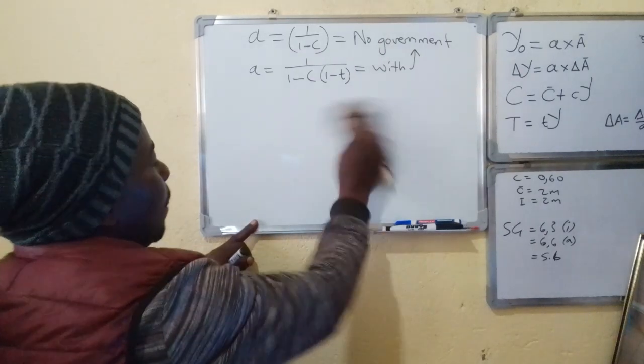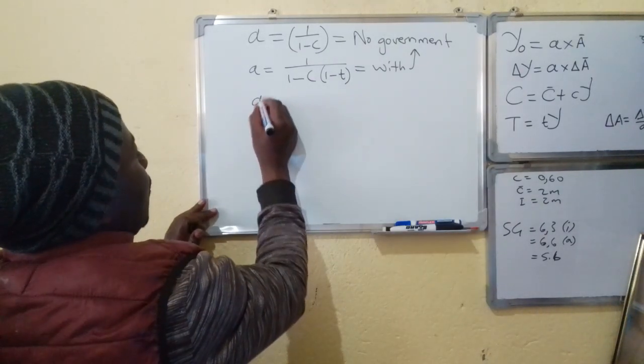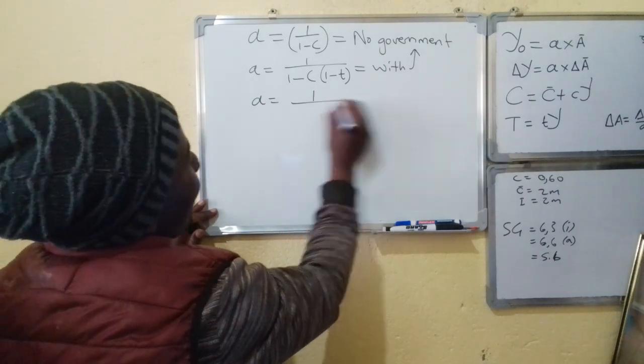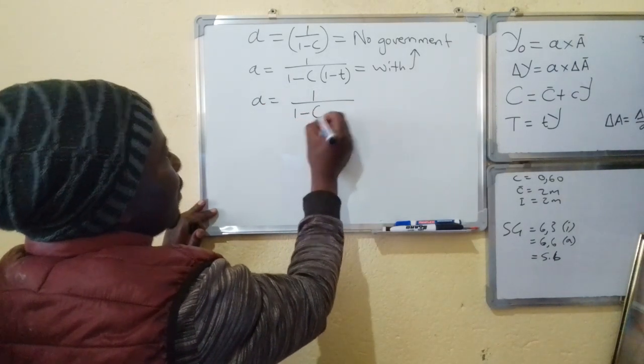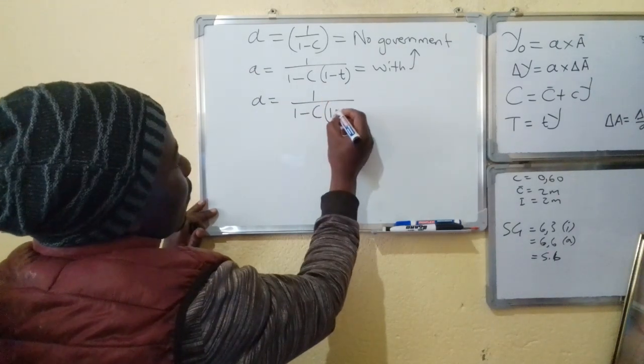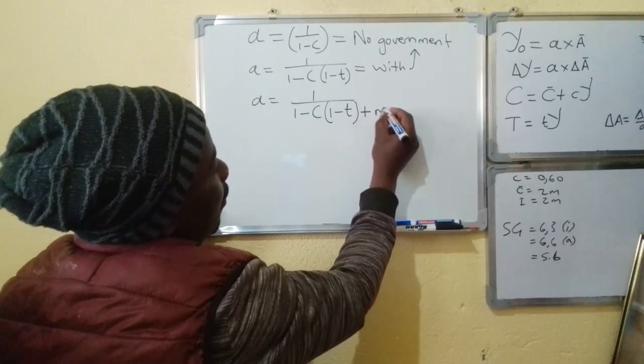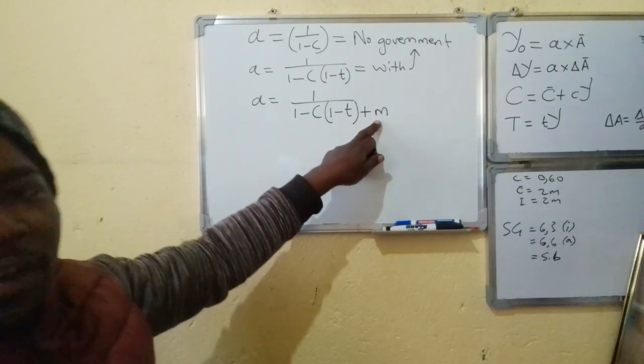Okay? Now, let's look at the multiplier with the foreign sector. We have the same multiplier of 1 minus c, that one, which now includes government, but now includes the foreign sector.